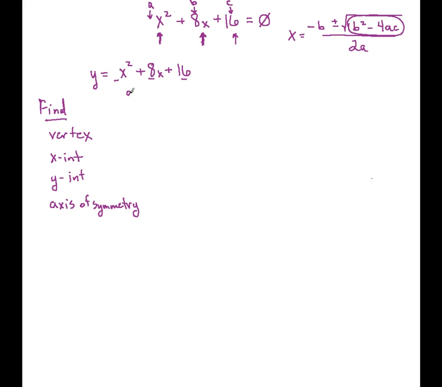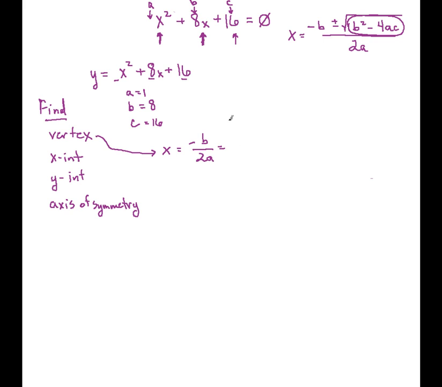So in this case, a equals 1, that's the coefficient on the x squared, b equals 8, and c equals 16. For the vertex, the x-coordinate is just equal to negative b over 2a.